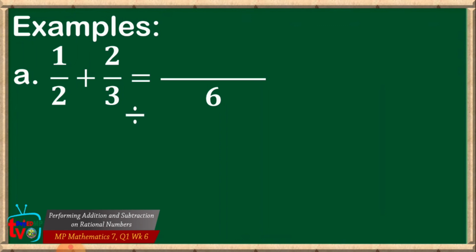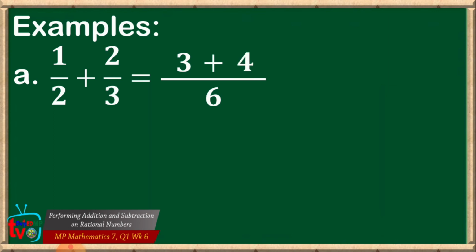Next, divide the LCD with 2, that is 3, times the numerator equals 3. Plus, divide again the LCD with 3 times the numerator 2 equals 4.